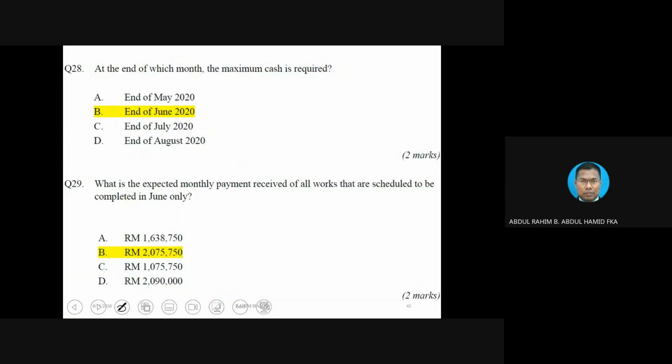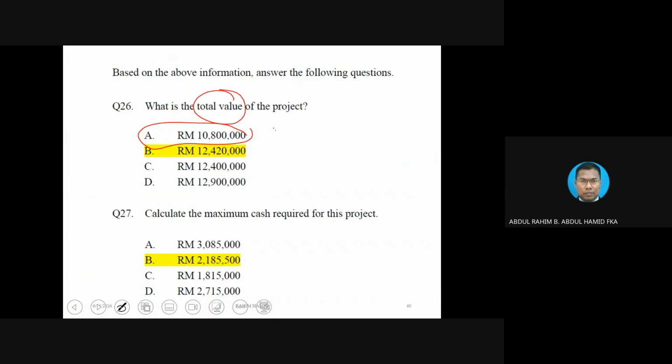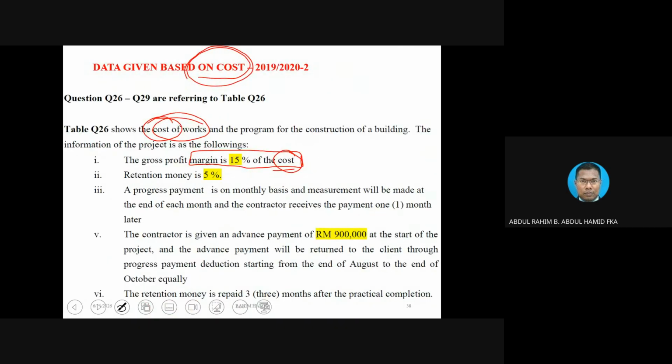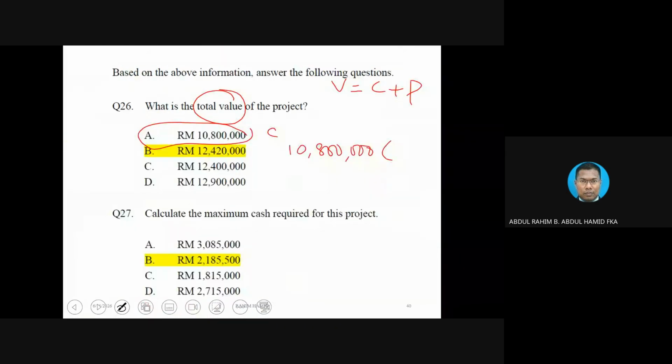So the cost is here. Okay, this is the cost that you calculate. And how to get the value? V equivalent to cost plus P. You know that the value is going to be more than the cost. So for me, it's very easy. The 10,800, I just times with what? 15%. Why don't you do that?